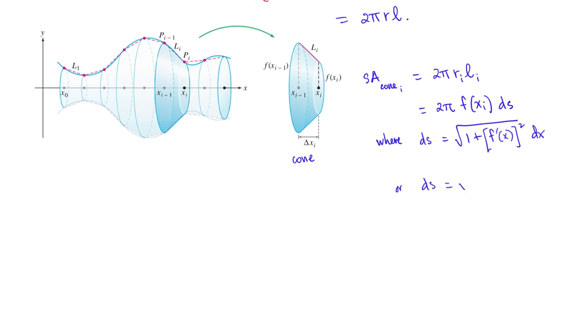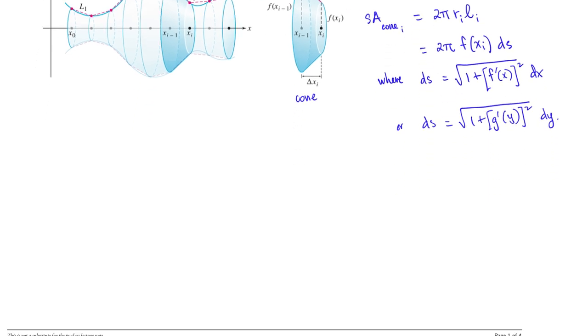If the function is expressed in terms of y, then ds is the square root of 1 plus g prime of y squared dy, depending on whether the function is expressed in terms of x or in y. The total surface area on the interval a comma b is the sum of all of these surface areas of the truncated cones.